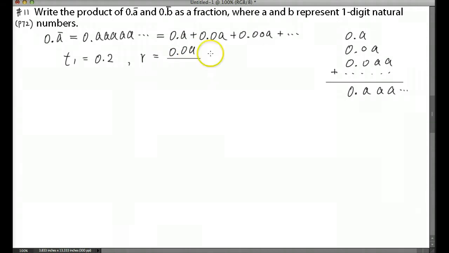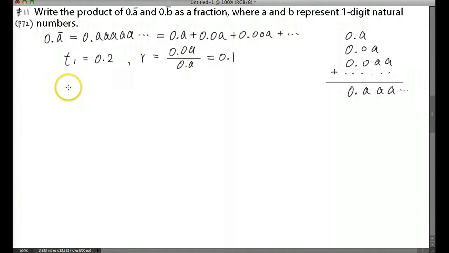You can easily tell this is going to be 0.1. And you can see the 0.1 means each term is getting smaller, right? So it approaches zero if you repeat this pattern.